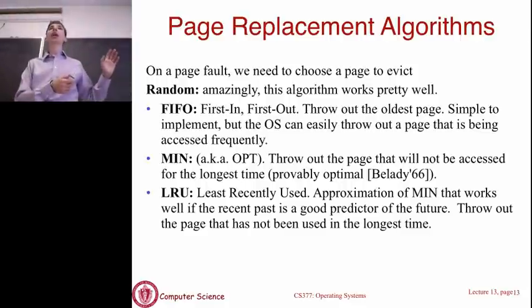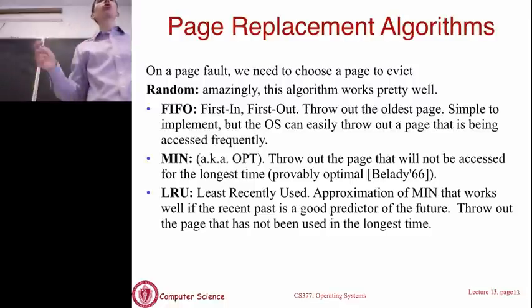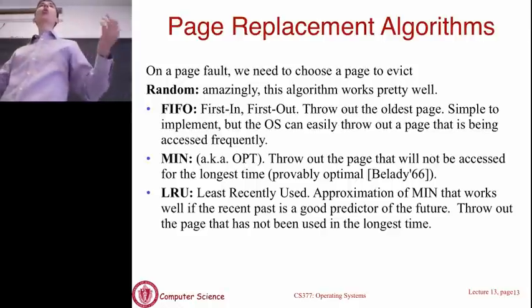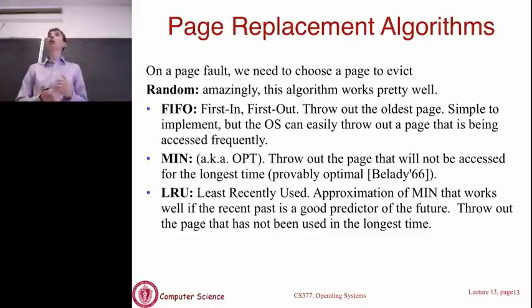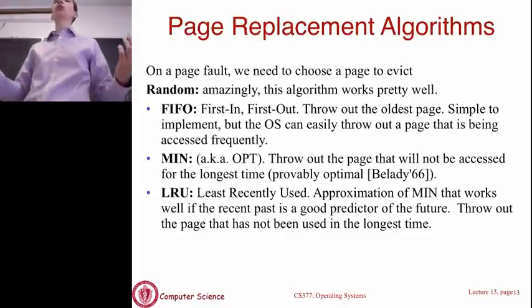The whole point is that we need to keep the number of page faults to an absolute minimum. Page faults are extremely expensive. So the way we can measure if a page replacement algorithm is good or not is by simply asking how many page faults it incurs. If a page replacement algorithm minimizes the number of page faults, then that's very good. If it causes a lot of page faults, then that's very bad.